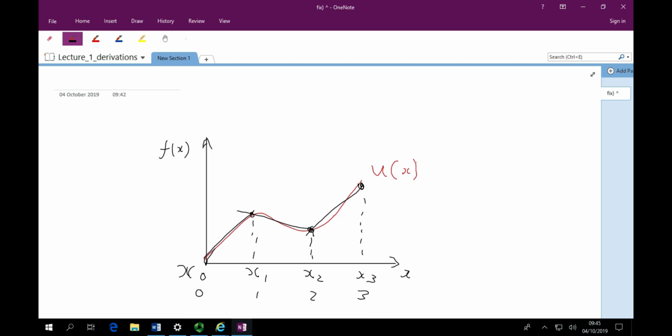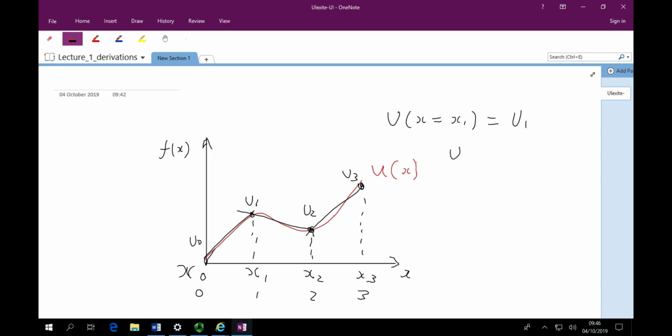And so for the value of u at various points, we're going to call these u0, u1, u2, u3. So the way this works is we have our function u of x, and for that function, u of x when x is equal to, say, x1, we're going to define to be u1 and so on.